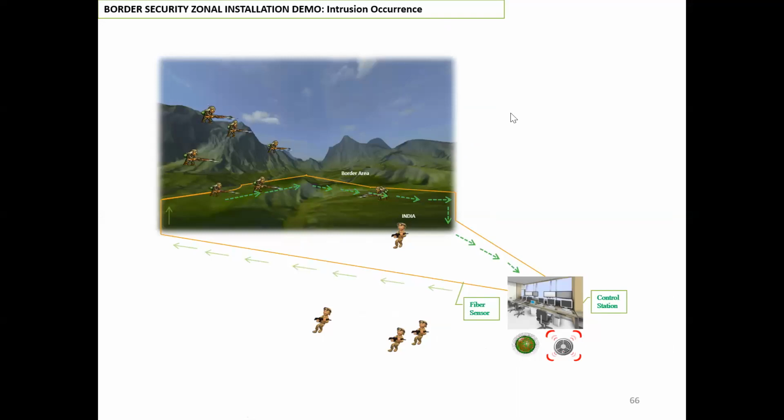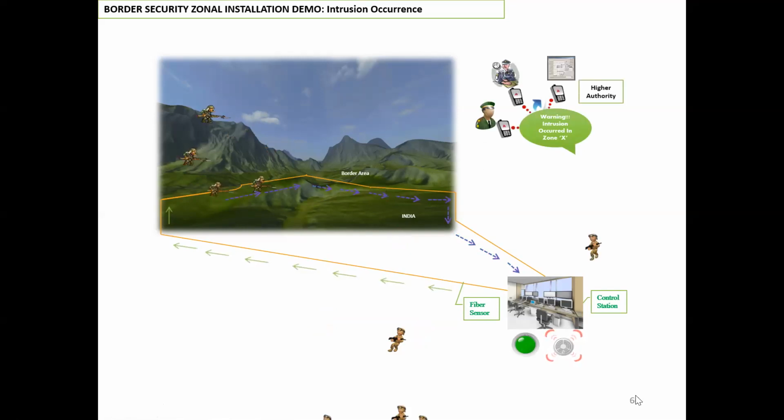The intrusion will be shown as, you can see here, a green light, a flashlight will be lit, and we can see the alarm. This alarm will be immediately transferred to the mobiles of the officers. They get a missed call and SMS, and then it is transmitted to the headquarters also. So using a simple system, we can do monitoring at multiple places, so no intrusion will be missed.